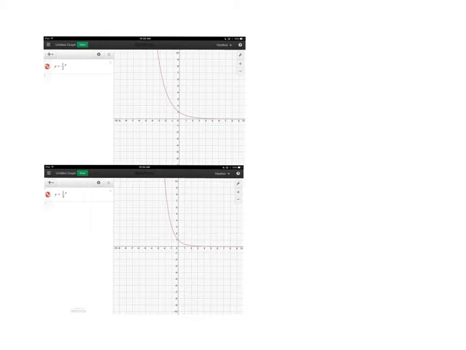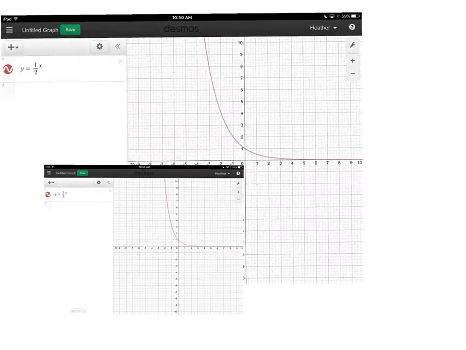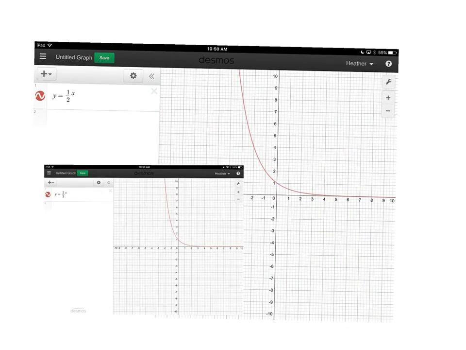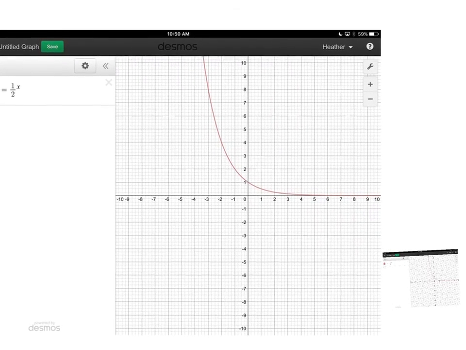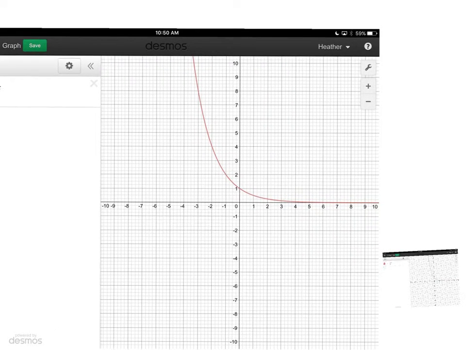And then you also had these ones, which I just have the graph of. Y equals 1/2 to the power of x. That one looks a little bit different, right? But the domain and range are still the same. The x-intercept, y-intercept and asymptote, all that stuff's the same.